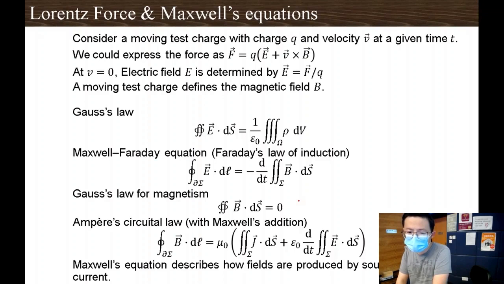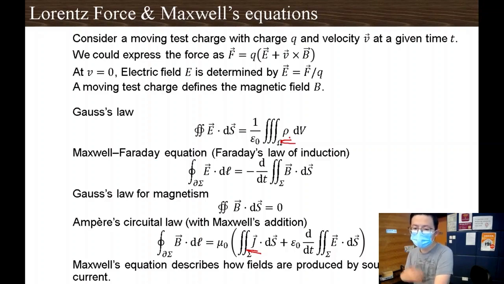What this means is that you are trying to find the force exerted by these two fields, and how this force comes about is described by Maxwell's equations. In Maxwell's equations, you can find the current and also the charge density. Given the current and charge density, you can find all the information about the electric and magnetic fields.